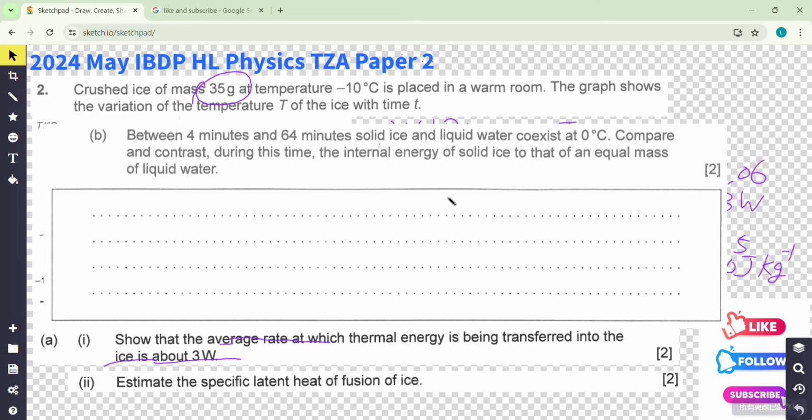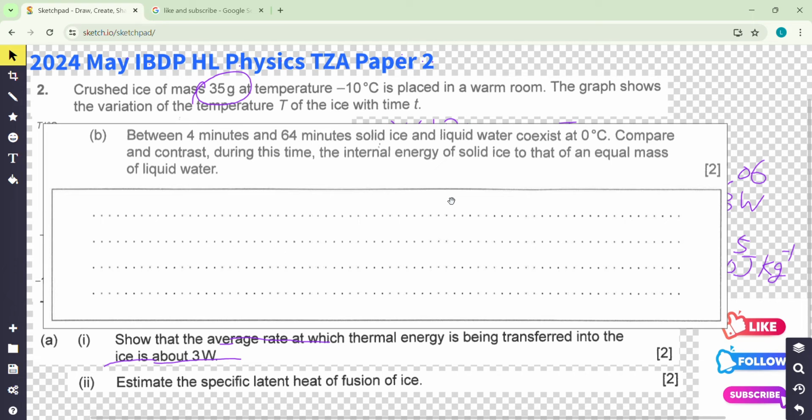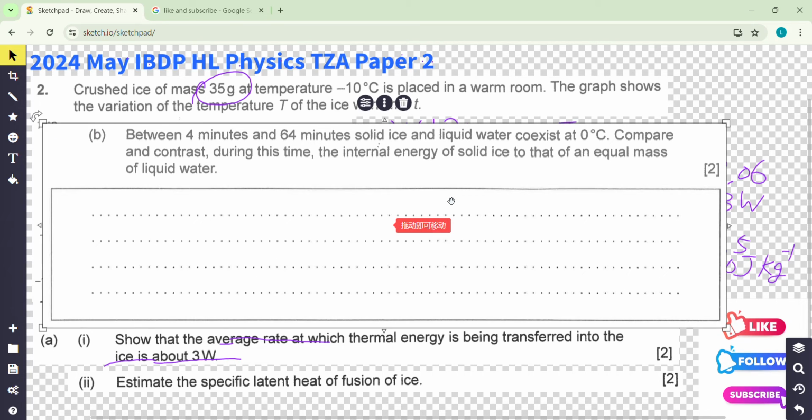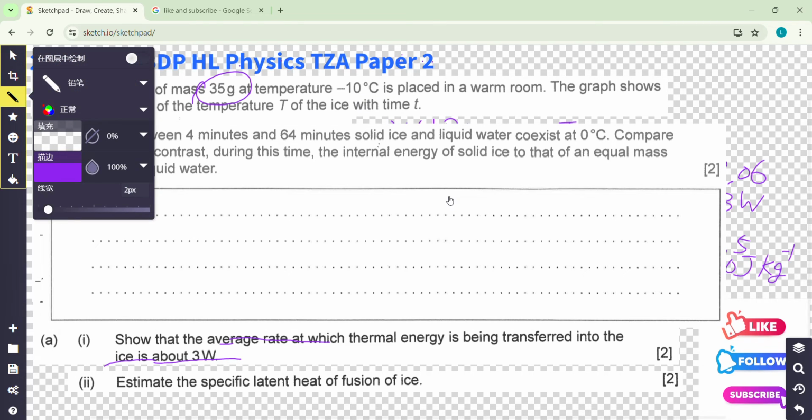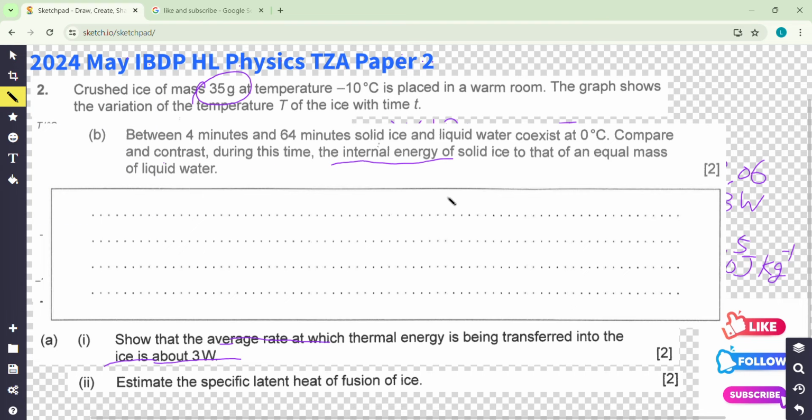Part B said that between 4 minutes and 64 minutes, ice and liquid coexist at 0 degrees Celsius. You want to compare and contrast the internal energy. So we have to find out the internal energy. Contrast, compare, maybe they have the same, of equal mass of ice and water.